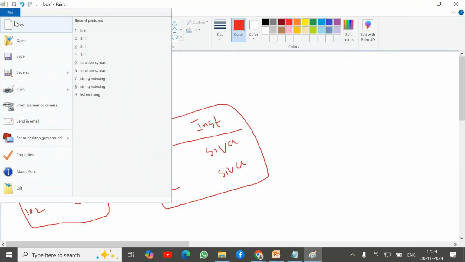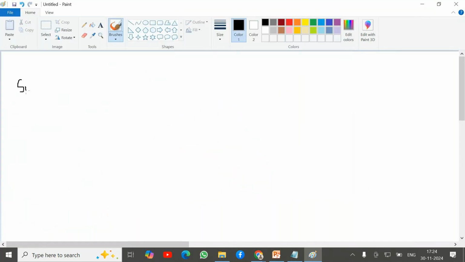Next one, observing very clearly: student ID, student name, phone number, and email.